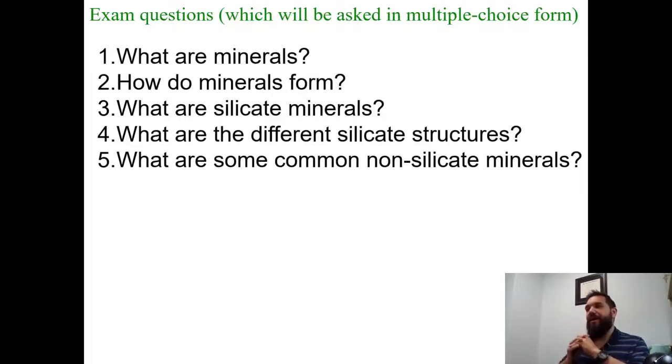Okay. Can you be a silicate mineral and have no silicon? Nope, sorry. You have to have silicon to be a silicate mineral. What are the different silicate structures? The different silicate structures are isolated. That means that the silicate tetrahedra do not touch. Single chain. That means that every silicate tetrahedron is connected at 2 points. Double chain.